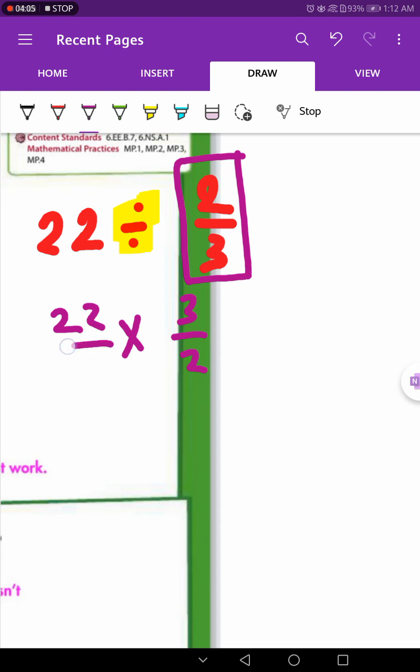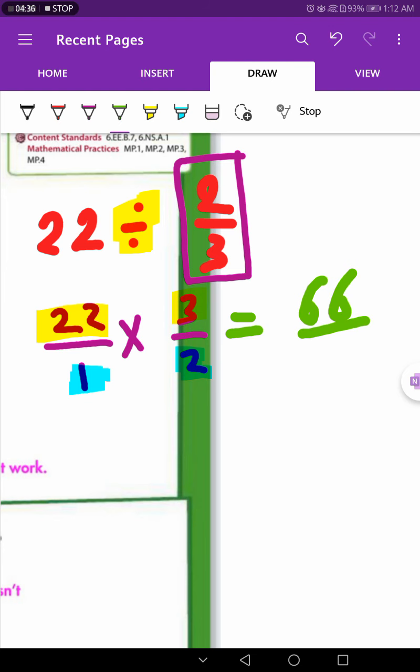And we know that any whole number has 1 down below it. So now we multiply up with up and down with down. So 22 multiplied by 3 equals 66.